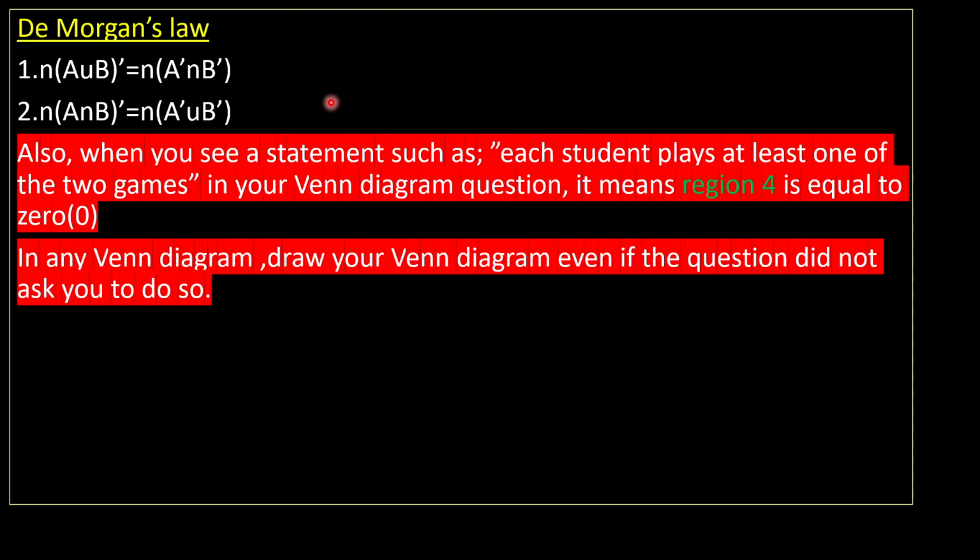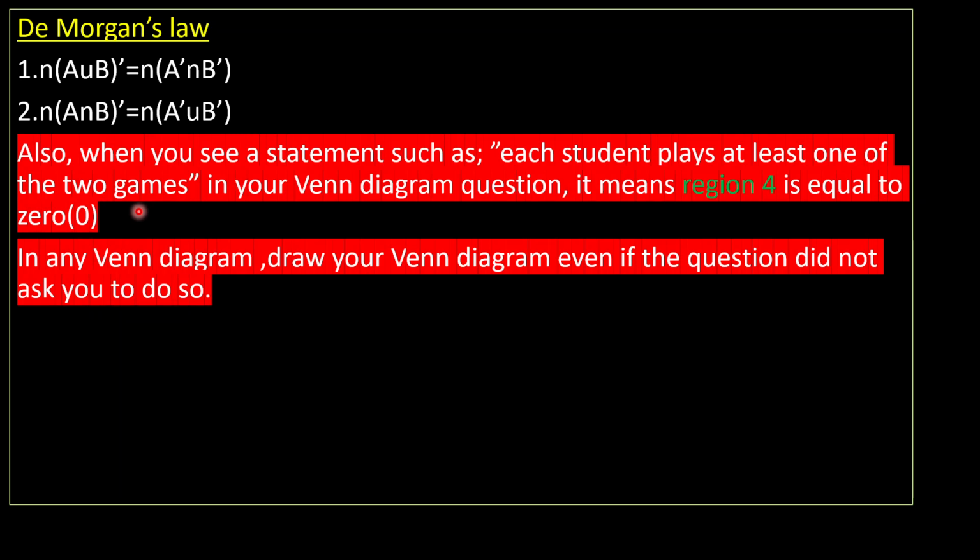Also, when you see a statement such as each student plays at least one of the two games, each student reads at least one of the books, or each student studies at least one of the subjects in a Venn diagram question, it means region 4 is equal to 0, or region 4 has no members.